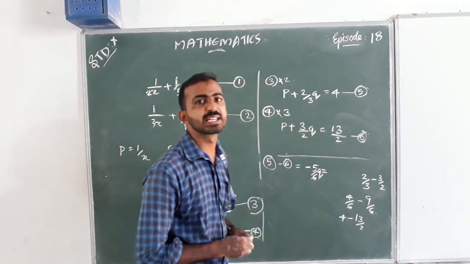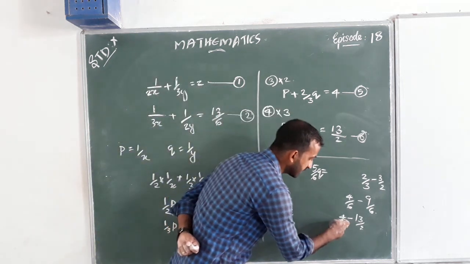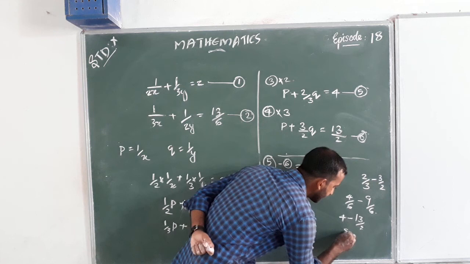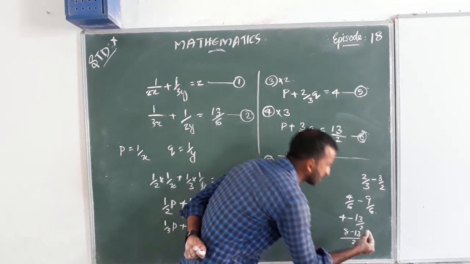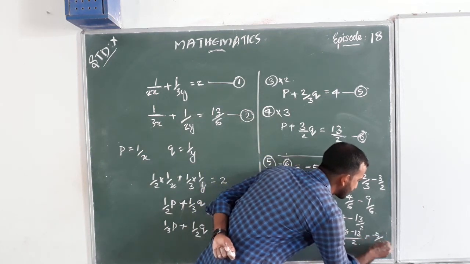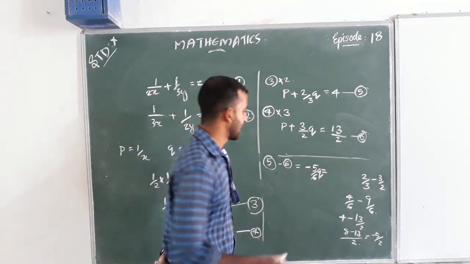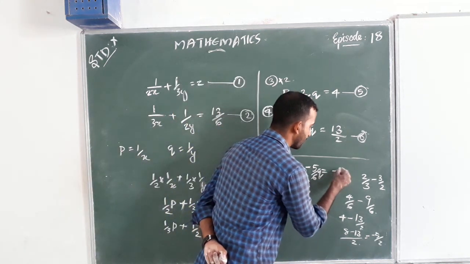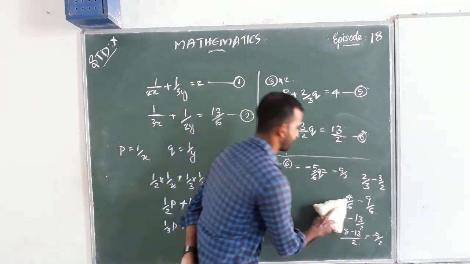That is, we can write 8 minus 13 whole divided by 2. What we get? Negative 5 by 2. Is it? That is negative 5 by 2.